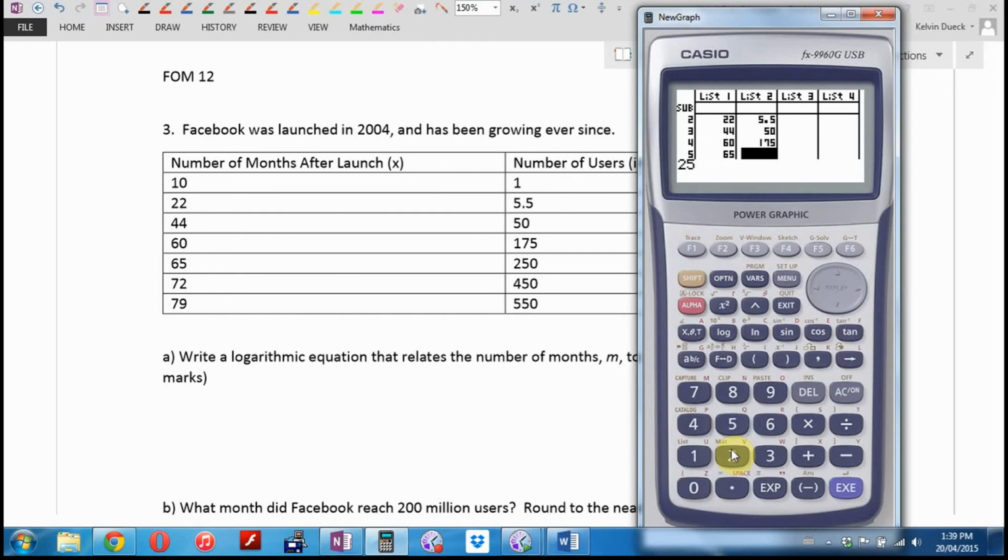Be very careful when you're typing. Make sure you don't make a mistake or a typo, because that's going to gum everything up. Graph. Calculate. Okay, it looks like that. Now, that kind of looks like an exponential, not a logarithmic graph.